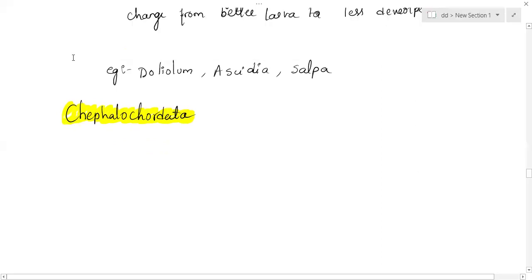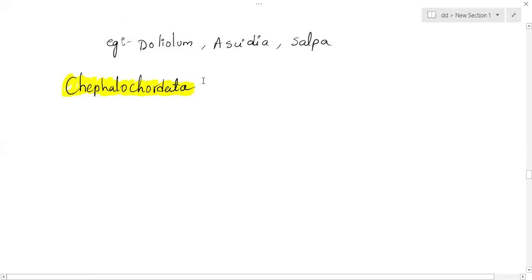So this is more developed than the Urochordata. Let's see other characteristic features of the Cephalochordata. Okay. So here the notochord extends up to the anterior end of the body. The anterior means the mouth, from the dorsal to the anterior part.